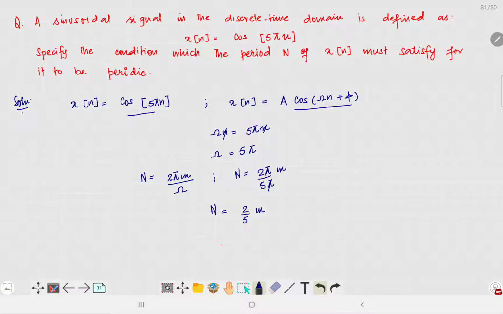Now for x of n to be periodic, N should have a discrete value. N must be an integer.